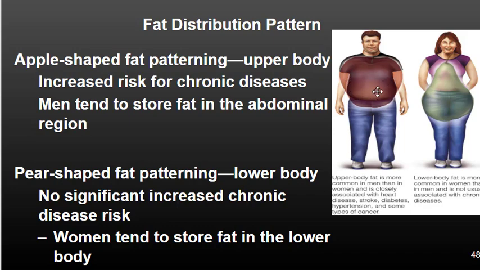The pear-shaped fat distribution is not as dangerous, and this fat distribution is normally around the backside and around the thighs, and less visceral fat around the internal organs. As there's less visceral fat around the internal organs, there's less chance of chronic disease. So here are some examples of apple-shaped fat distribution.